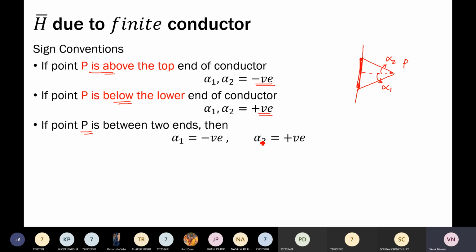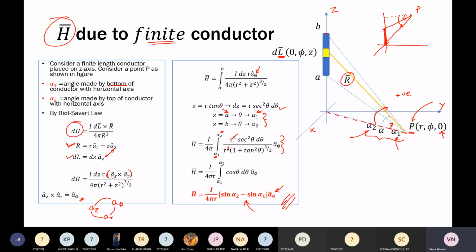Okay. Have you noted down the derivation? Someone, yes or no? It's okay, I just want confirmation. If noted down, okay.